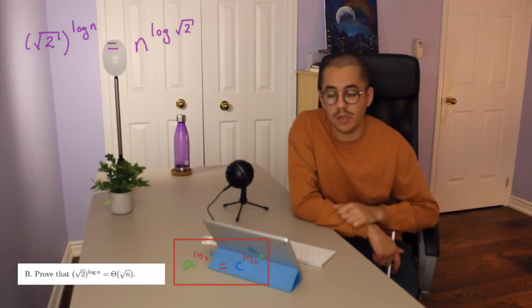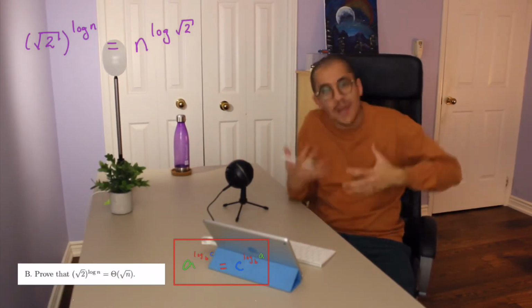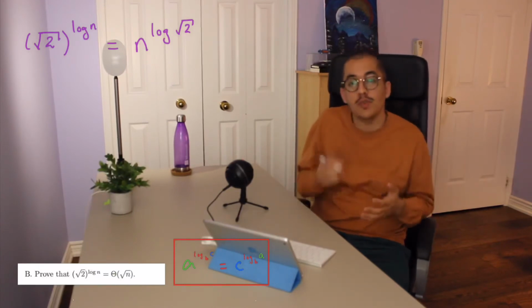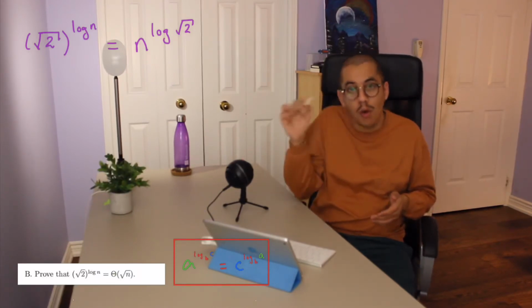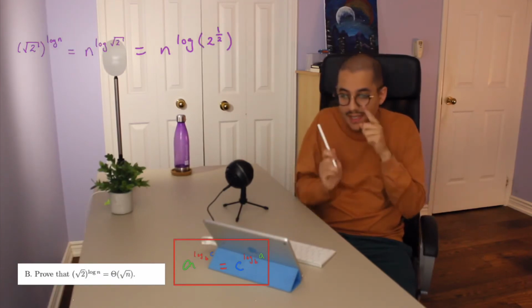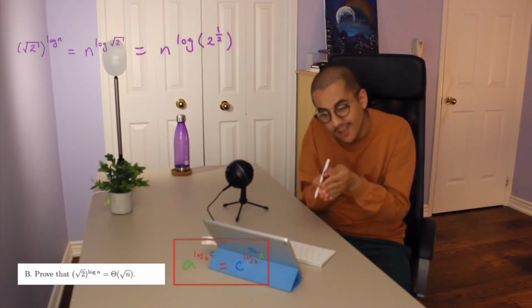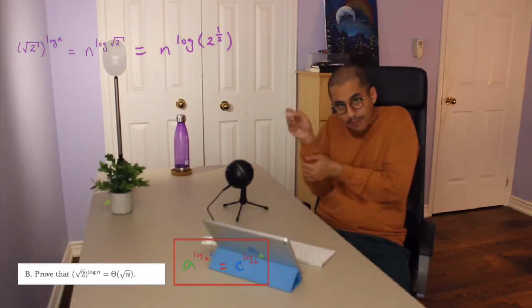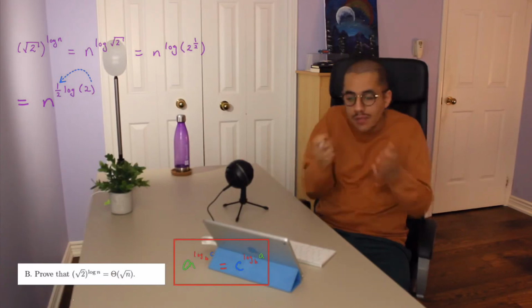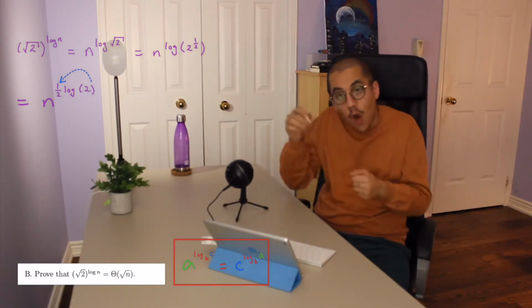Okay, so the question becomes, all right, what is square root of 2? Okay, dumb question, but I'm trying to get to a point. Square root of 2 is 2 to the power of 1 over 2, right? We all know that. But since this 2 to the power of 1 over 2 is in the log, we can just simply bring it out. So it becomes n to the power of 1 over 2 times the log of 2.